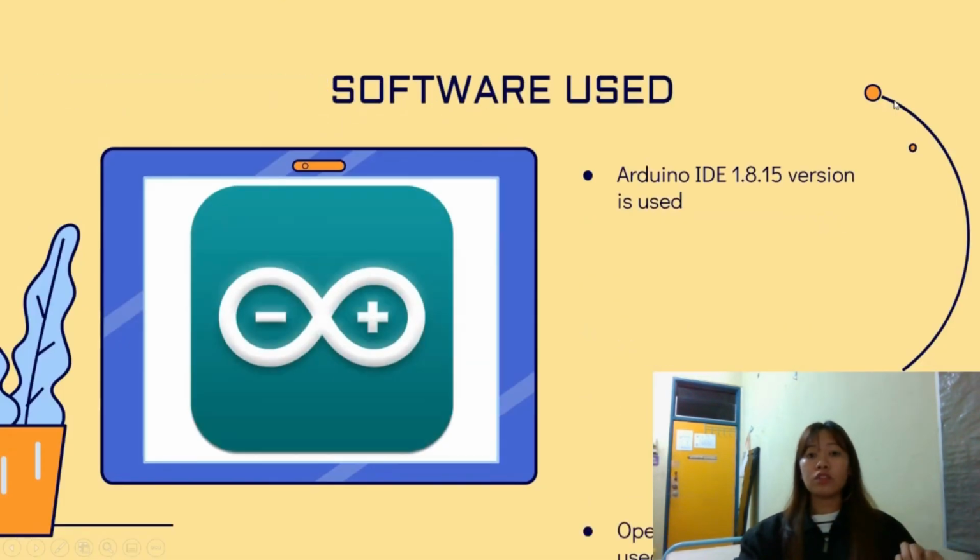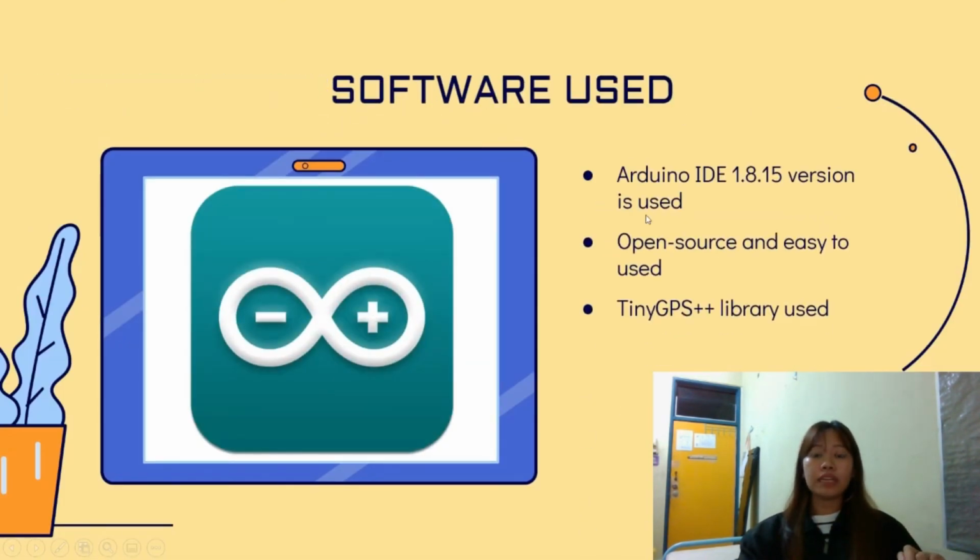Next, the software that we use to conduct the experiment is the Arduino software IDE version 1.8.15. We use this software because it is open source and easy to use, while the library that we use for this software is the TinyGPS++ library. This TinyGPS++ library's function is to extract the GPS data from the GPS receiver, such as the position, date, time, longitude, and latitude.